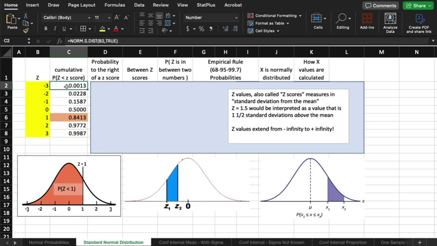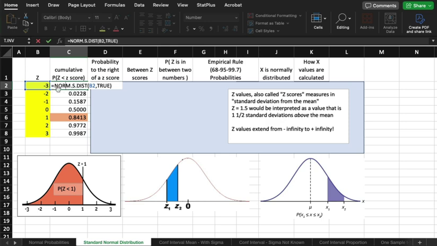So the number in C2, we're going to use the built-in function in Excel called norm.s.dist. So the capital S there is for standard normal. There are ways of calculating normal probabilities without using z values if you happen to not know the z value. But this is for the standard normal distribution.